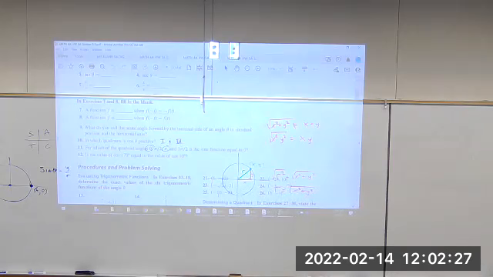Is the cosine of 170 degrees equal to the cosine of 10? What quadrant is 170? Quadrant 2.